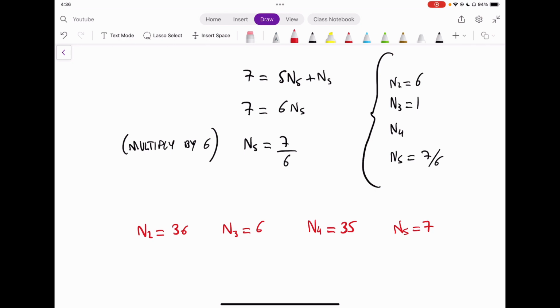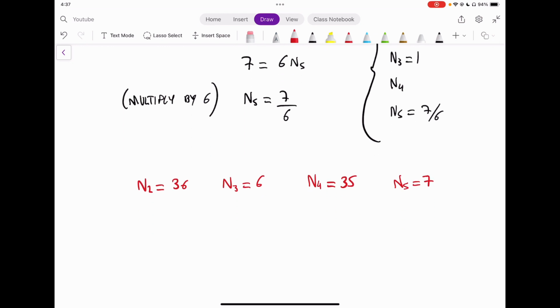So now we have a relation that has whole numbers between N2, N3, N4, and N5. And if we actually count up the sum of both sides, we get 42 and we get 42. So now we have whole numbers.